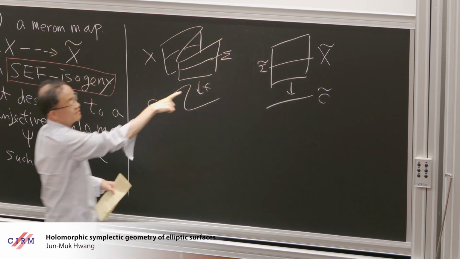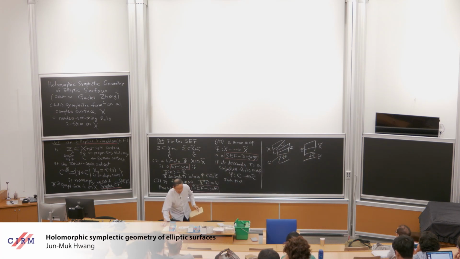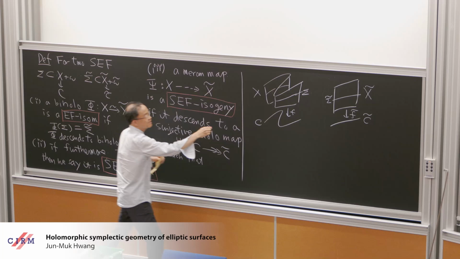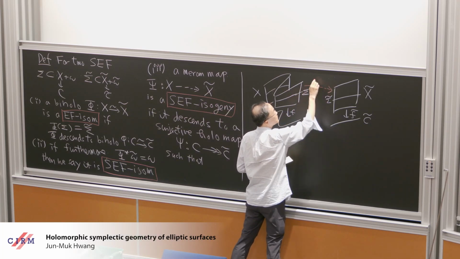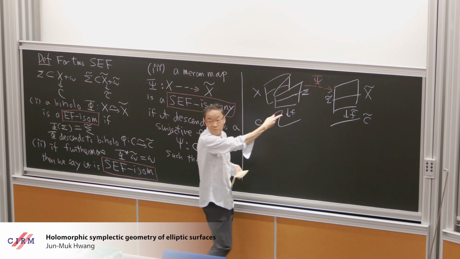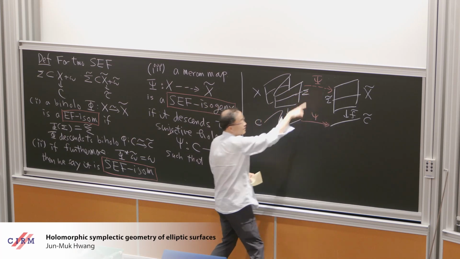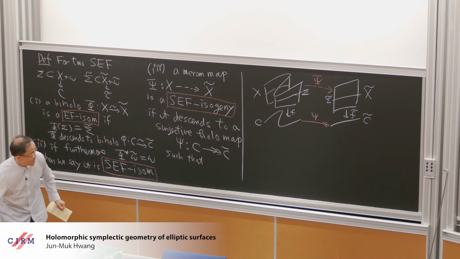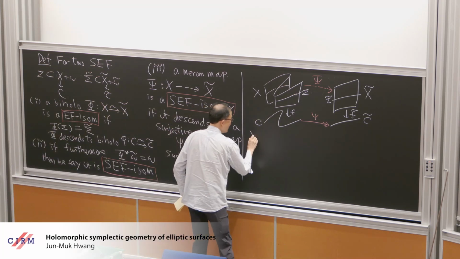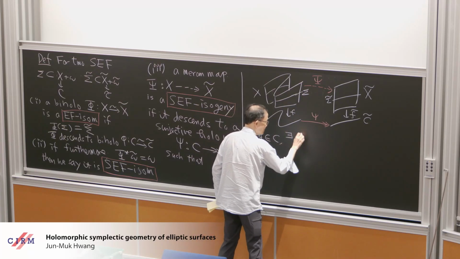An SEF isogeny is a meromorphic map which induces a surjective holomorphic map between the bases, and such that for a general point y, there are neighborhoods.